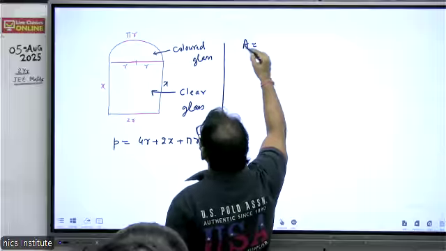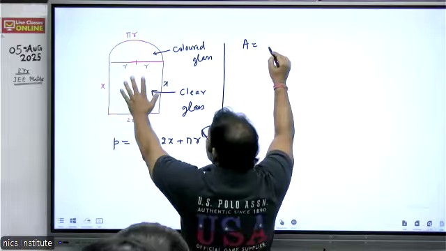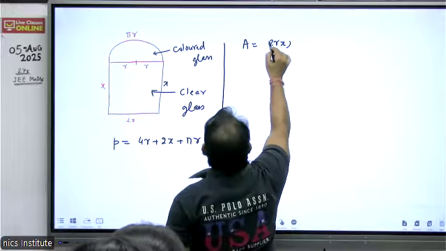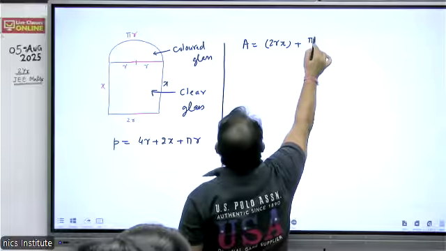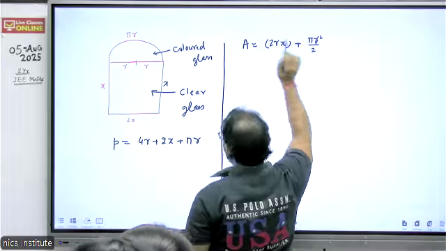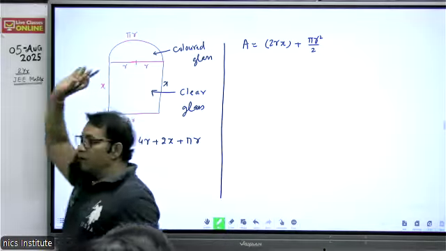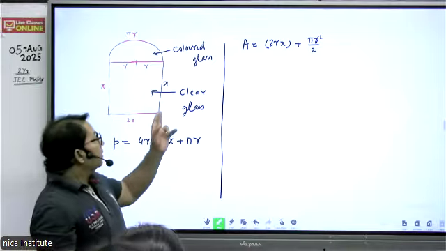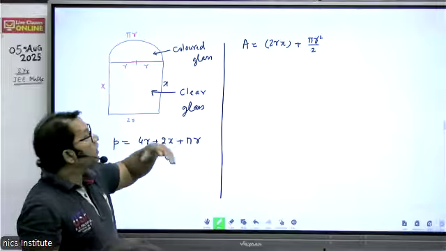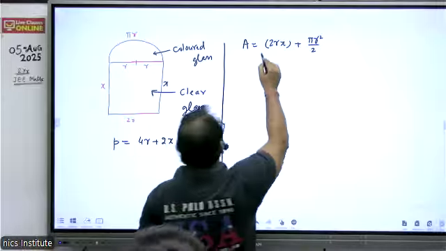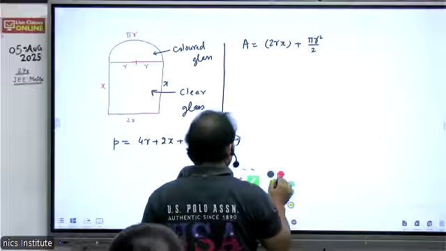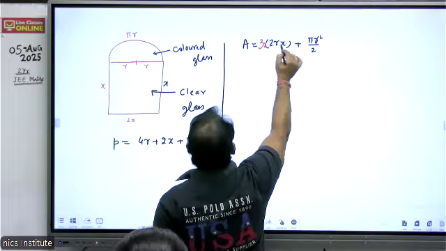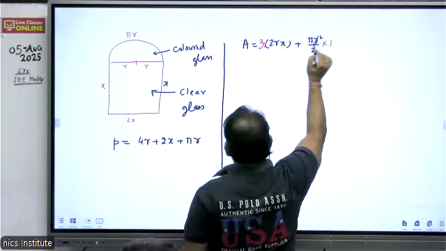So area of the rectangular part is how much? It would be 2r into x. Area of the semicircle would be pi r square by 2 because it's a semicircle, but you can't maximize this just like that. Clear glass is transmitting light 3 times. That means area of the clear glass has to be multiplied by a factor of 3, and this to be multiplied by a factor of 1.